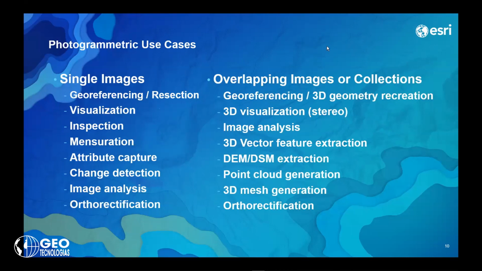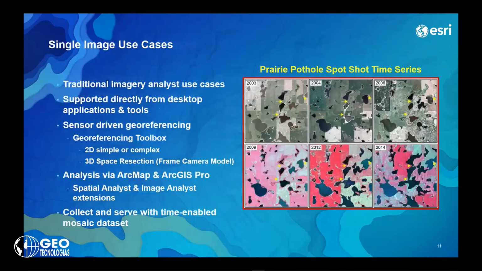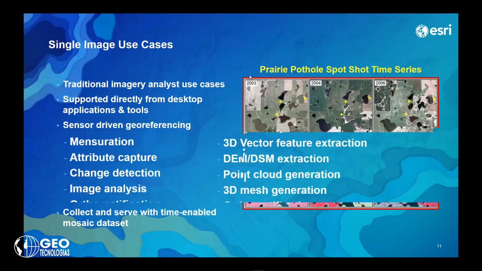And depending on your use case, you might have both requirements in your organization. So here's an example of a single image use case. Very traditional image analysts would have done this using ERDAS or ArcGIS image analyst or spatial analyst. And here, in this case, you have a series of images of the same geographic footprint over time.